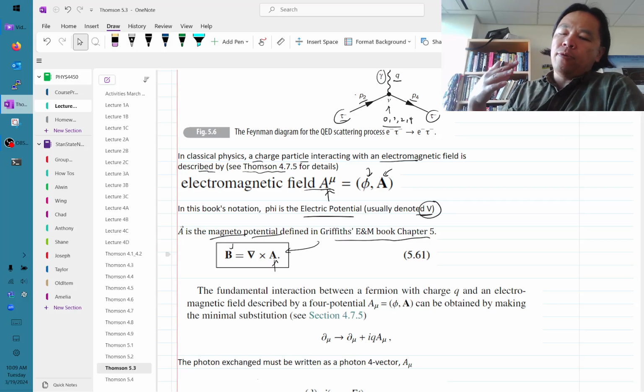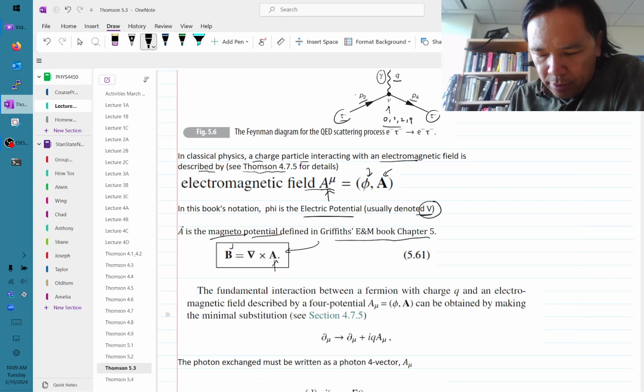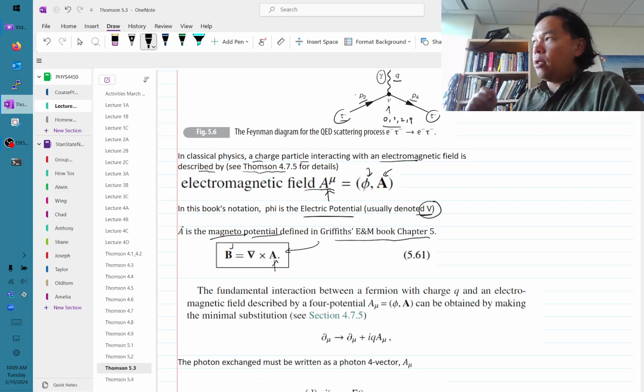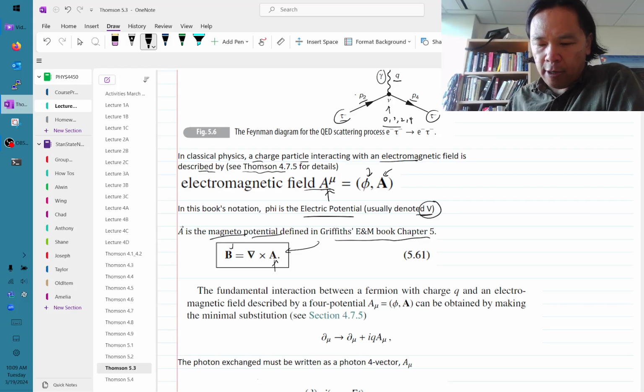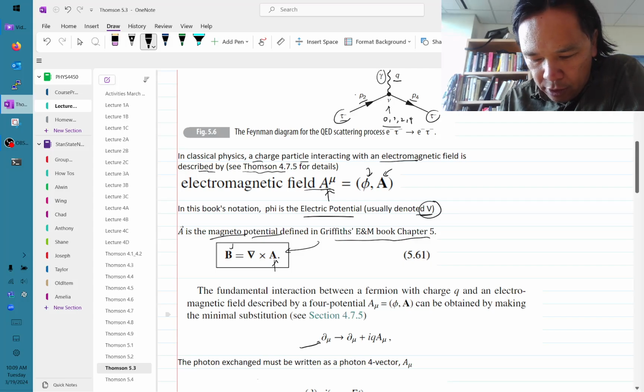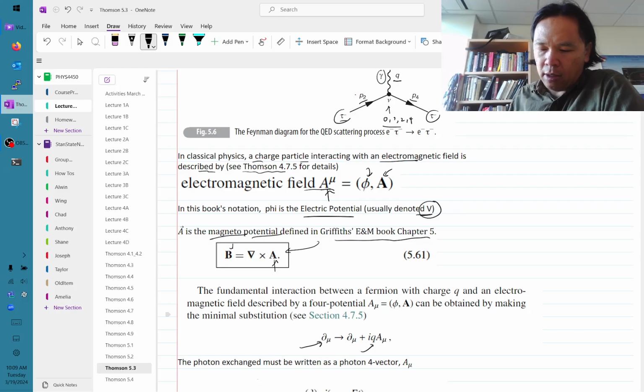So we're not going to go through all the mathematics from section 4.7.5, but the main point here is that in order to account for the interaction of the electromagnetic field, meaning putting the photon inside this diagram, we basically have to change the covariant derivative from its original form to i, the imaginary number, times the charge times the covariant electromagnetic field potential.